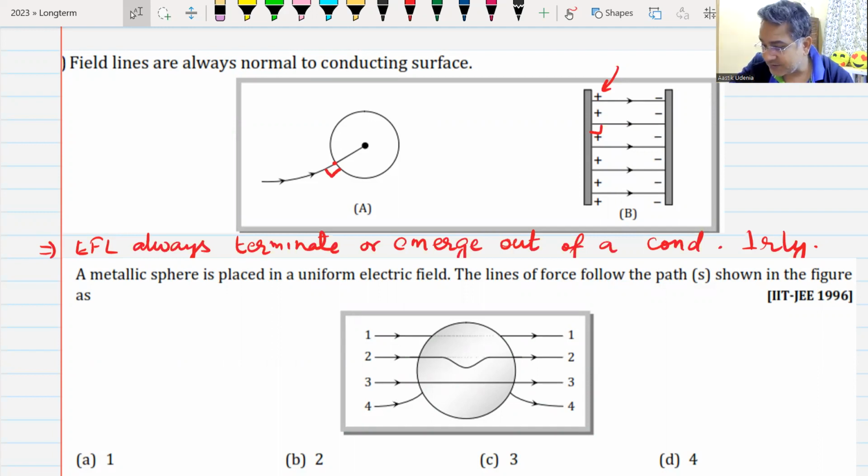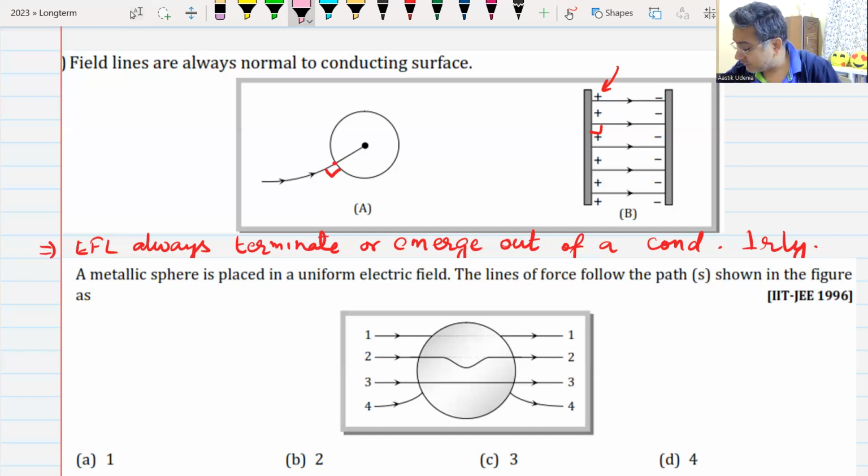Which path will the lines of force follow? 1, 2, 3, 4. Which one? Perpendicular. 3, sir.